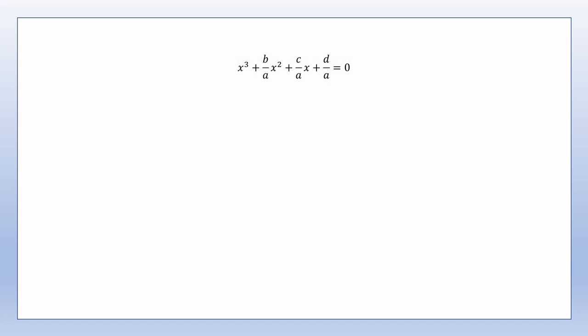So to solve the equivalent equation x cubed plus b over a x squared plus c over a x plus d over a equals 0, we look for numbers p, q and r so that x minus p times x minus q times x minus r is identically equal to x cubed plus b over a x squared plus and so on.